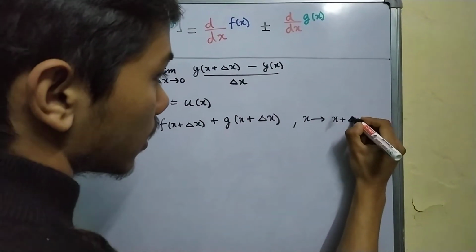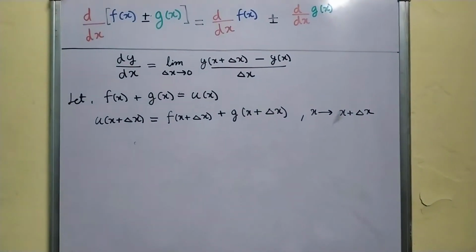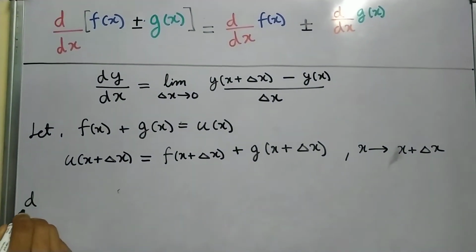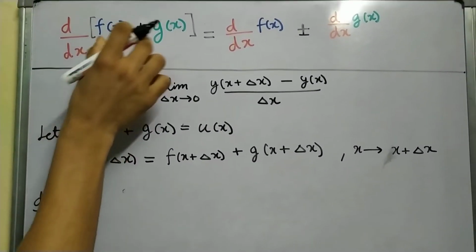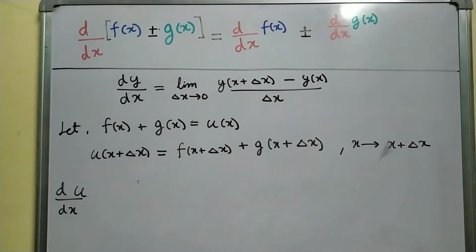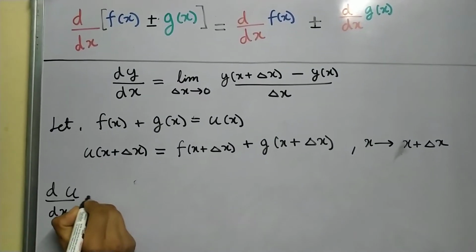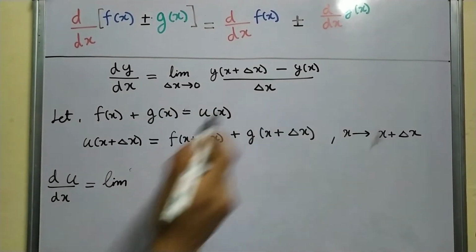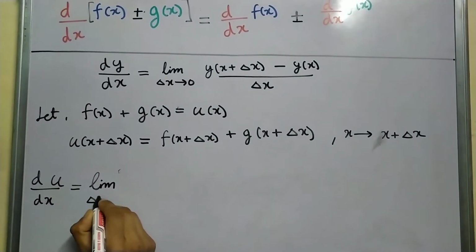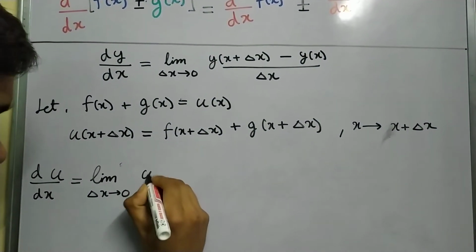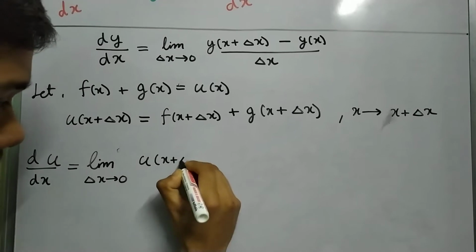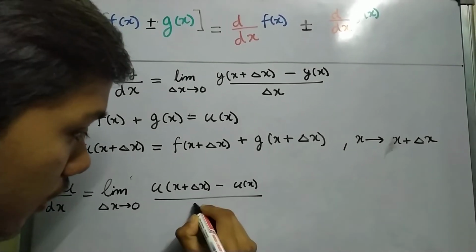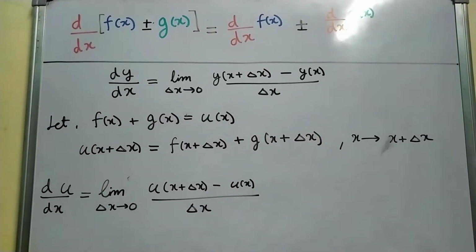Okay, and now we need to calculate d by dx of f of x plus g of x, so du by dx. From our definition of derivatives, this will be the limit as delta x approaches 0 of u of x plus delta x minus u of x, divided by delta x.